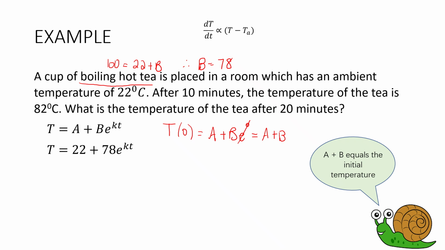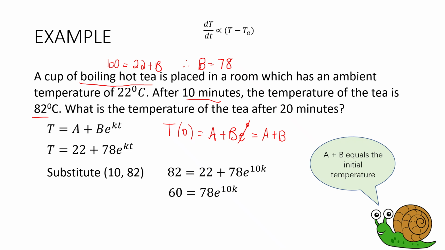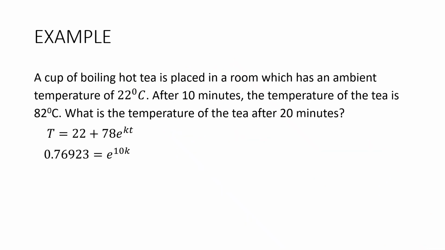Okay, after 10 minutes, the temperature of the tea is 82. So let's substitute that in. So capital T is 82, little t is 10. Subtract 22 from both sides. Divide both sides by 78. I have 0.76923 is equal to e to the 10k. Now take logs of both sides. I've switched it around. 10k is equal to ln 0.76923.